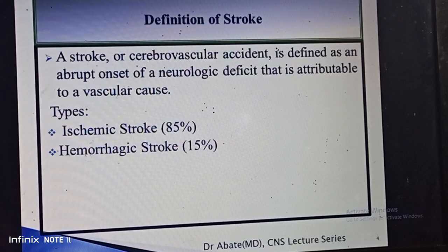So you classify stroke as ischemic stroke, which accounts for about 85% of all stroke cases, and the second one is hemorrhagic stroke, which accounts for around 15% of the cases. You classify stroke into ischemic and hemorrhagic stroke based on its mechanism.